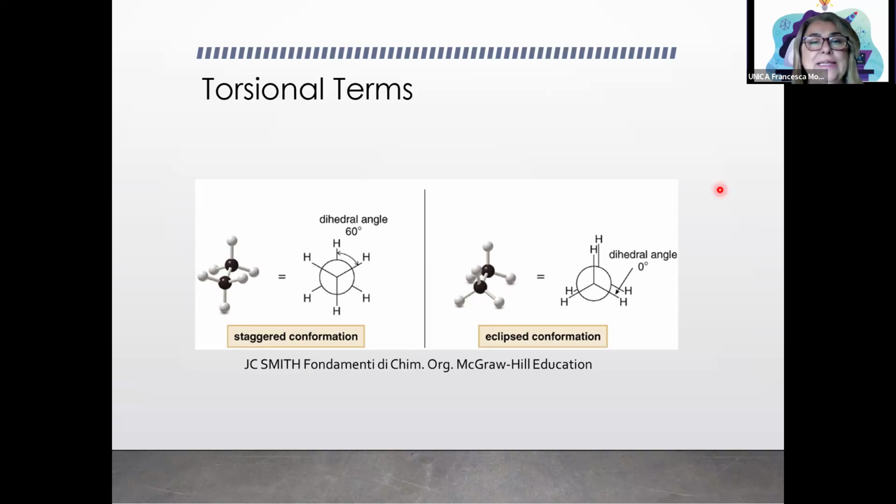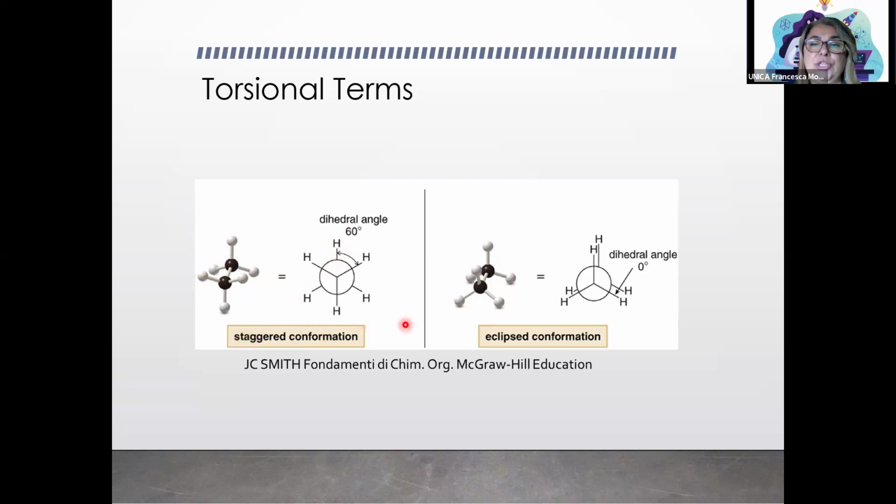In the organic chemistry course, we learn that the energy of a simple molecule like ethane, represented in this figure, varies with the conformation, so with the variation of the dihedral angle between a hydrogen, a carbon, another carbon, and the hydrogen on the second carbon.